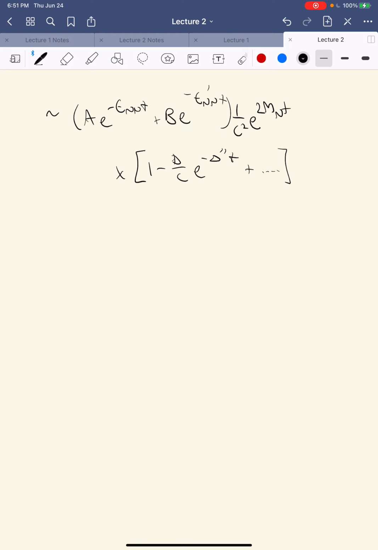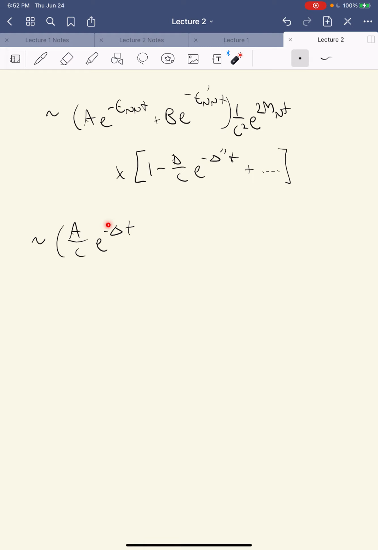So, and then let's just finish this just to make it clear. So I'm just going to distribute this guy into there. And that gives us our delta, which is the difference between E_NN and twice M_N.